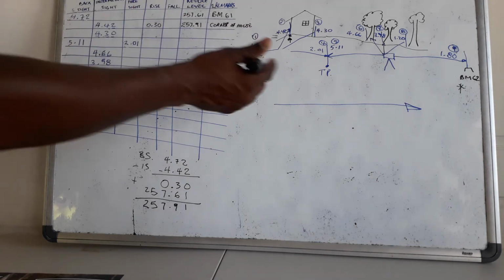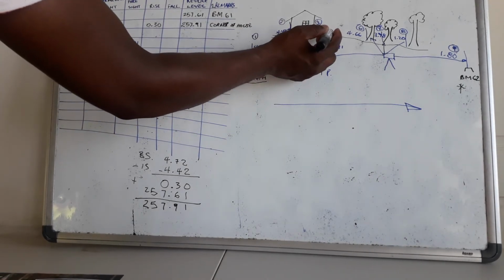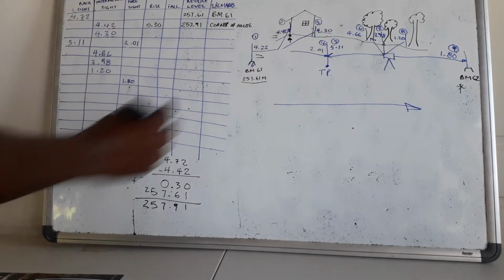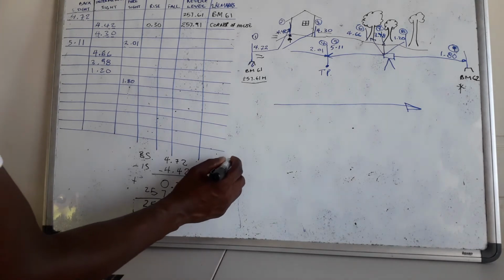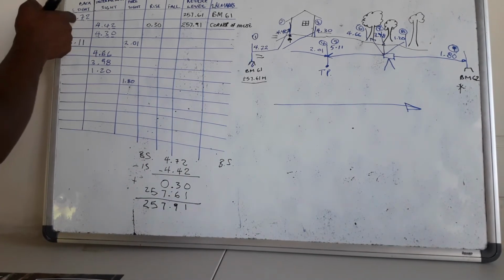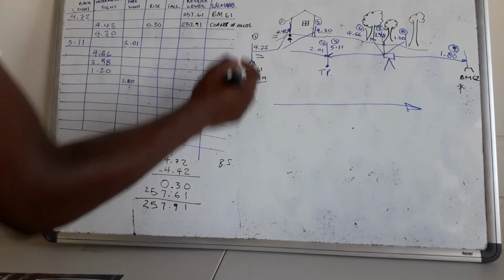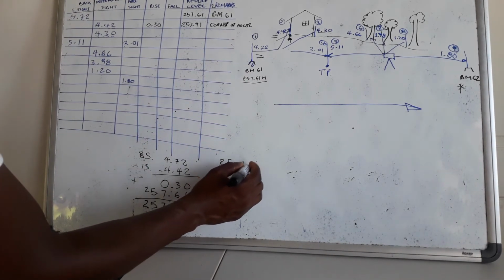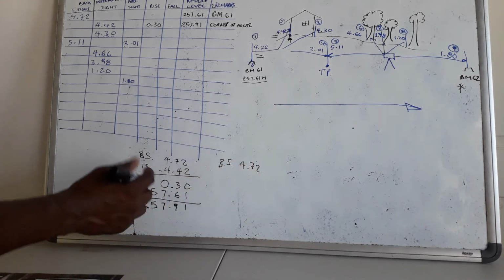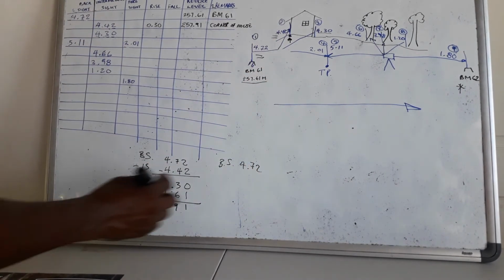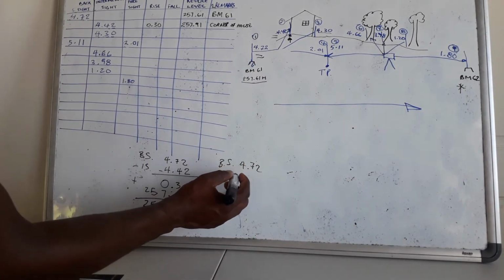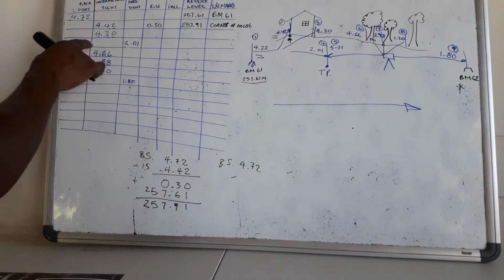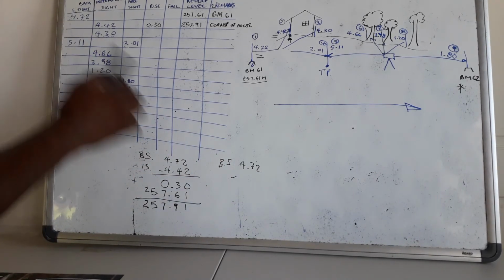So that is our first set of readings. Now our third reading, which is another intermediate sight reading, again we would have the backsight still at 4.72 as we have here. And then we're going to subtract our next intermediate sight reading from that previous backsight, because that's the only other backsight reading we would have had at that particular setup. That intermediate sight reading is 4.30.